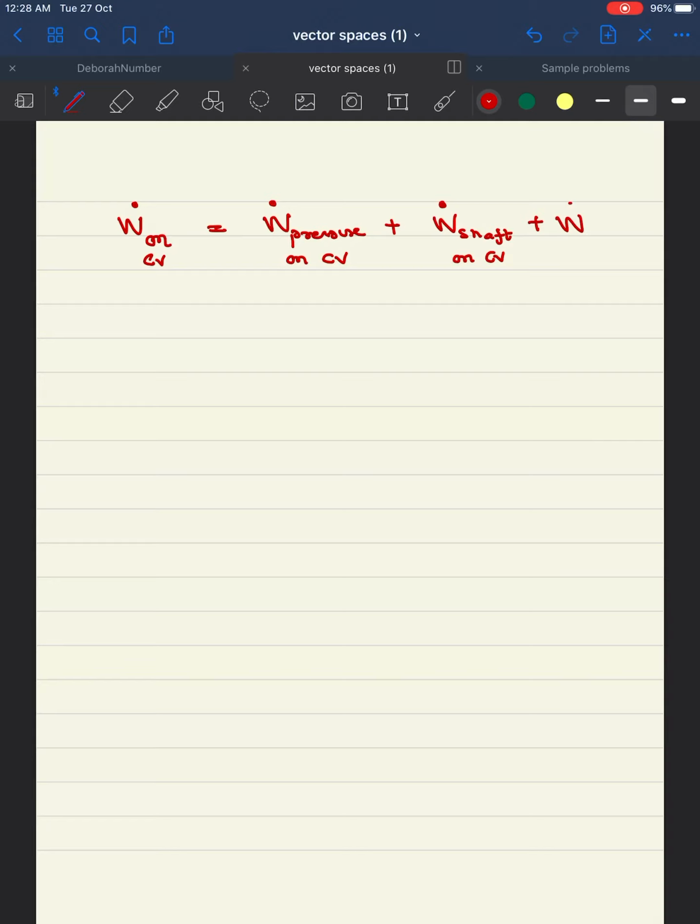And then W dot all others on the CV. This could be work done due to shear forces, work done due to other mechanisms, all that. So usually we break up work into its different constituents, and one of the work processes that is rather important to us is the work done by the pressure on the control volume.